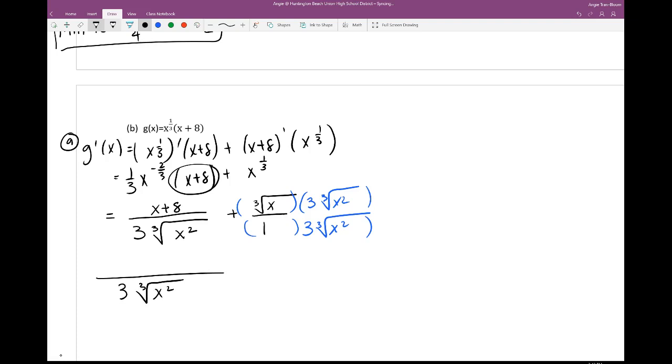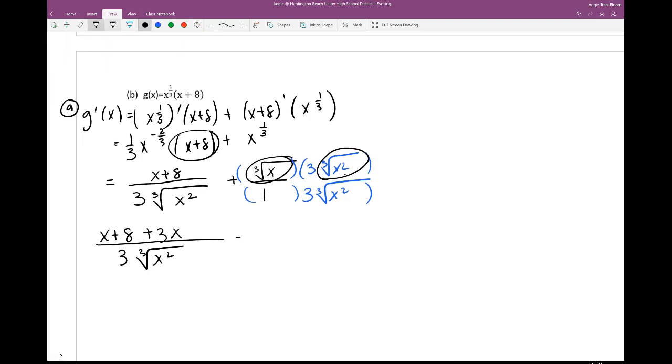Over here I still have x plus 8, and over here I still have a plus 3, but 3rd root of those. Under the radical, I have x to the 3rd, and I have the 3rd root, so that will cancel out. So now I just have an x. From here, I would now have 4x plus 8 all over 3 times the 3rd root of x squared.